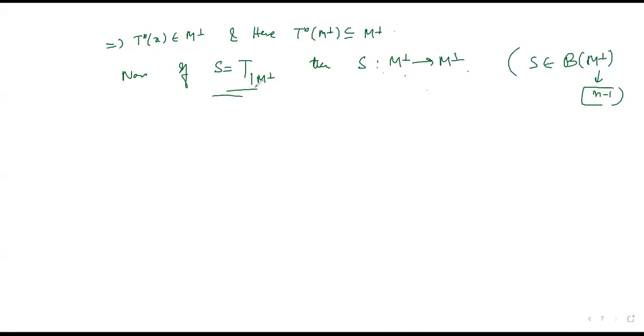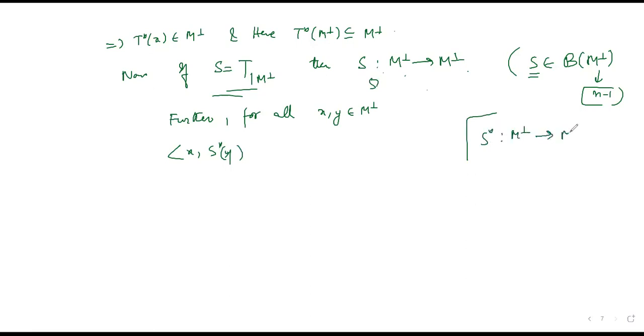Okay. And you can find a basis of M perp which are the eigenvectors of S. You can do that now. Now furthermore, हम S star देख सकते हैं. Now further, for all X, Y belonging to M perp, where मैं सोच सकता हूँ S as a map from M perp to M perp, <X, S star Y>. तो अगर S है तो S star भी would be also a map from M perp to M perp, defined by इसकी जो defining property है वो ये है.